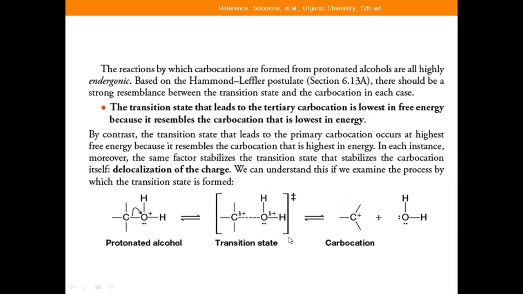So how you see our transition state, for example, you get three bonds here, and you see here that there is a partial bond formation and a partial bond breaking here in the transition state to form your carbocation. And this is our transition state, and that transition state must closely resemble the carbocation.